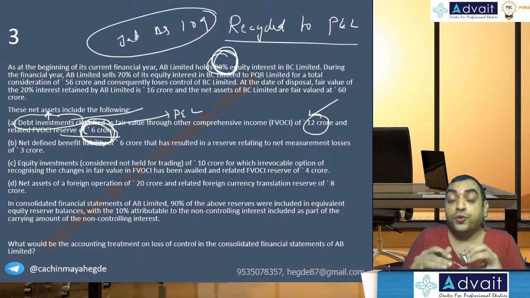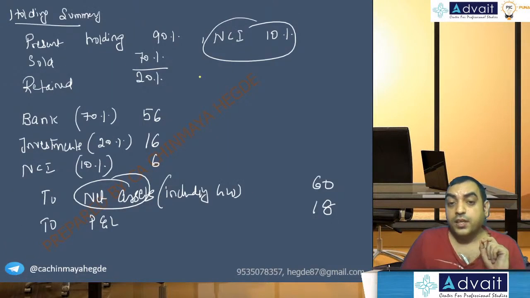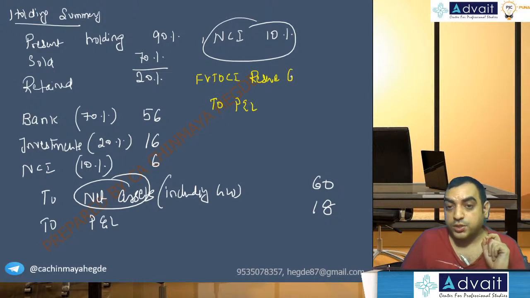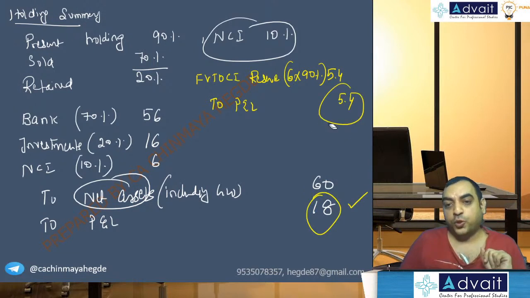Correct? So if you want to recycle to P&L account, you should transfer only 6 crores into 90%. So the additional journal entry will be, you are to transfer the FVOCI reserve account, debit to P&L, not 6 crores, 6 crores into 90%, which is 5.4 crores. So you will get profit of 18 and you will get profit of 5.4 crores.